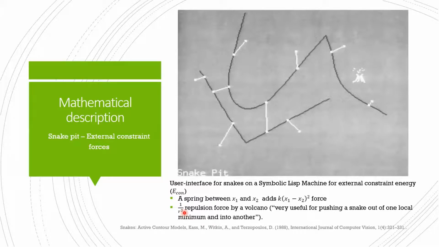Luna, if I have multiple objects, how do I proceed with the snake model? Is the basic assumption in this model that the image contains a single object? In this model, there can be more than one snake, and we can track multiple objects with them.